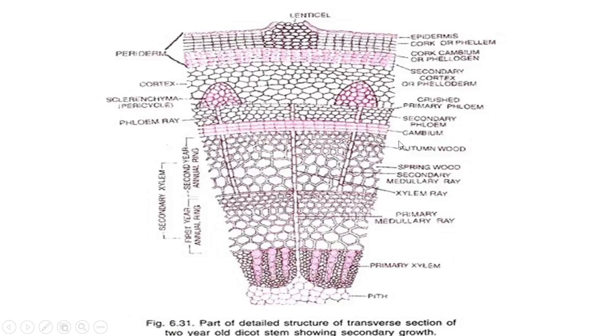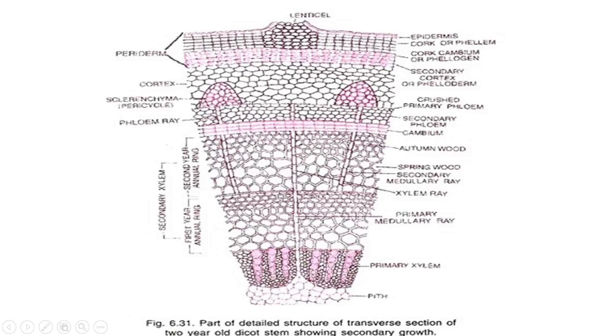And student, we can count the age of the plant body by counting the annual rings. If the annual rings are 5, you can say that it is a 5-year-old plant. Now there are the metaxylem or xylem rays. This is the diagram of TS of Annona stem.